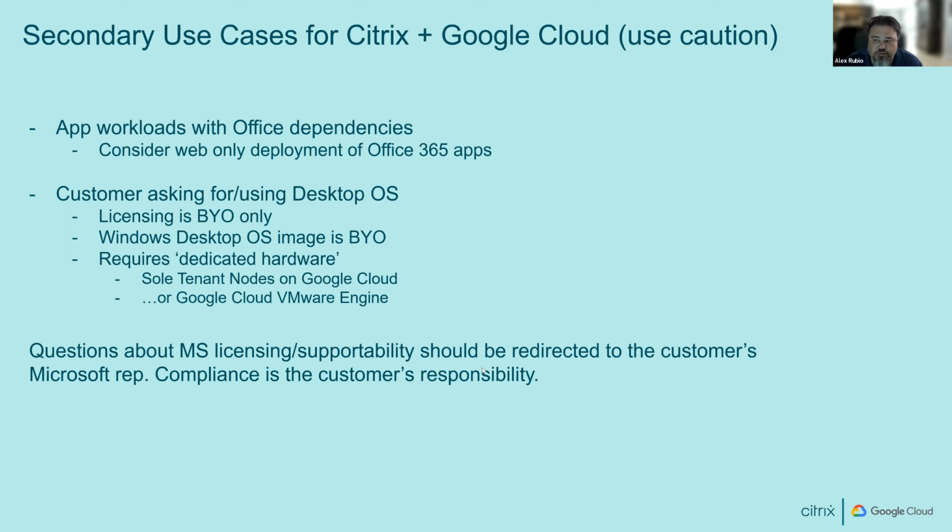But we do have support for desktop OSs. If you want Windows 10 single session, there are ways of doing that in Google Cloud using sole tenant nodes and BYO licensing. There are definitely ways of doing that, and we have some customers that are using that today and are being successful with it. So that's always a good option.